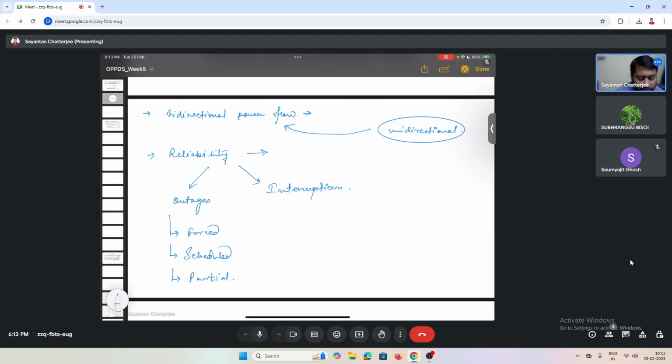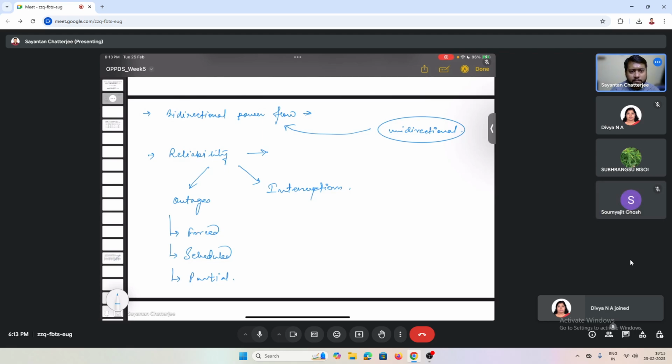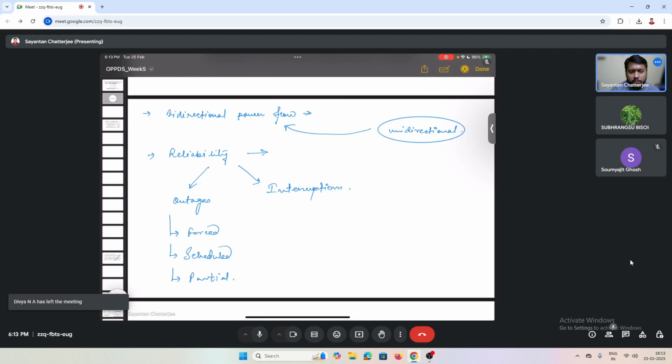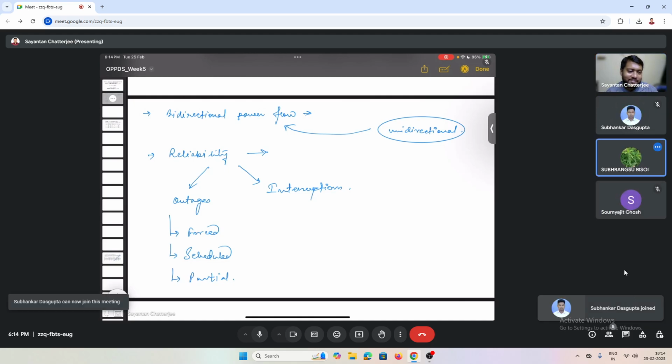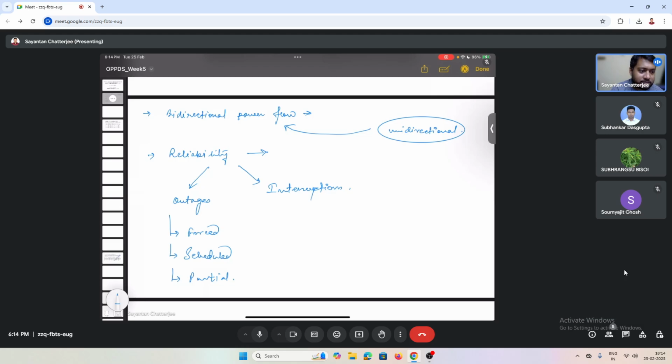Just write yes or no in the chat box. Is the screen visible? Visible. Okay, then it might be a problem with just one person.